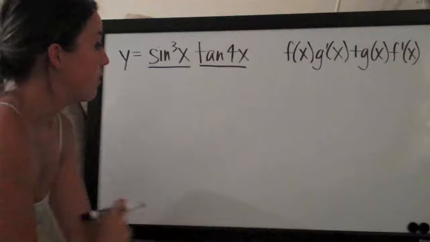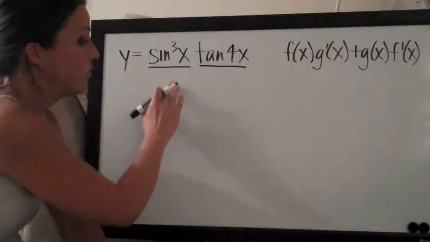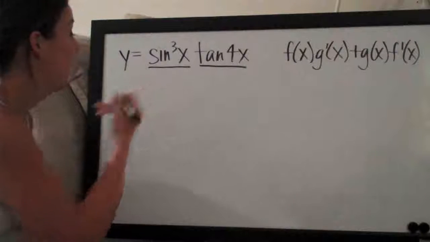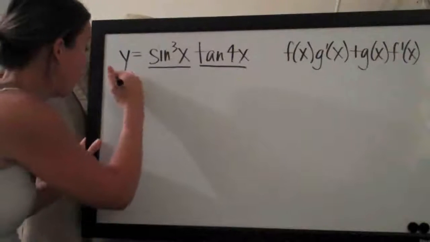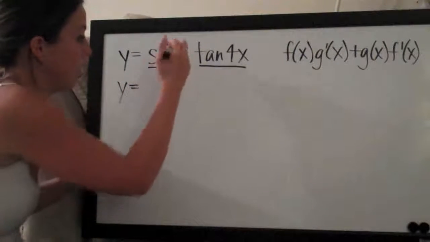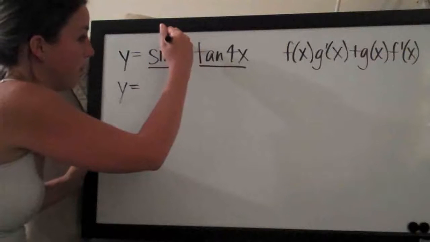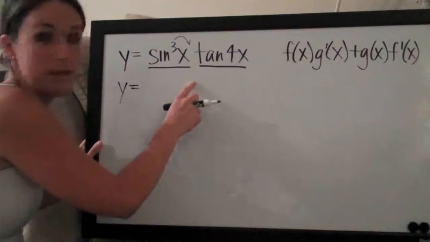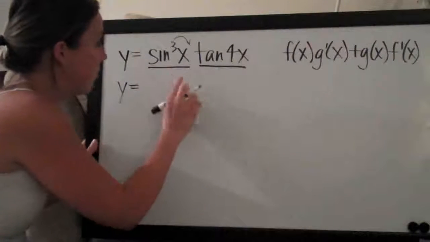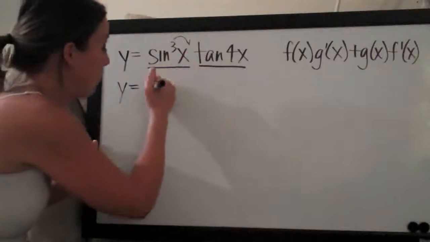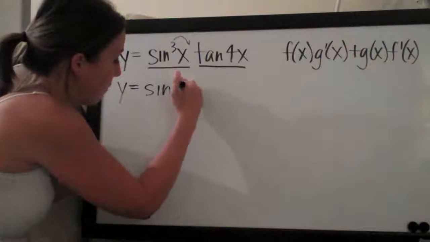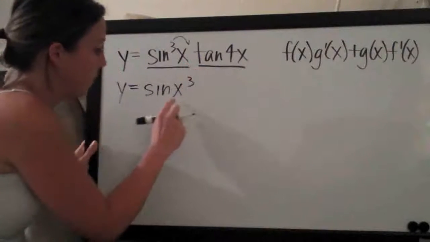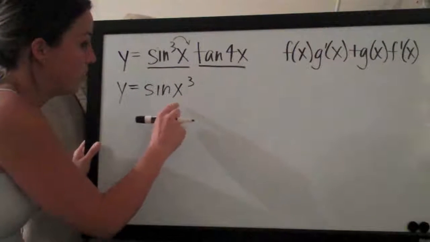So the first thing that I want to do is change the way this problem is written to make it easier on ourselves. I would like to move the exponent, cubed, to the outside because it's easier for me to visualize. A lot of people tend to write sine of x cubed, which is not the same.